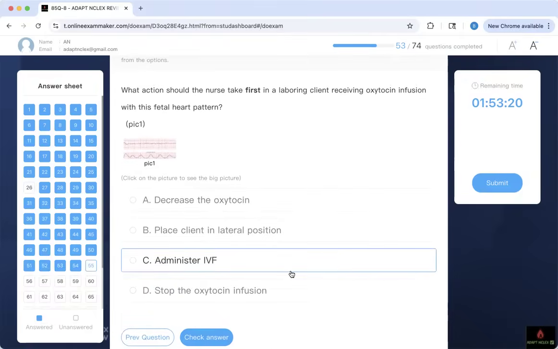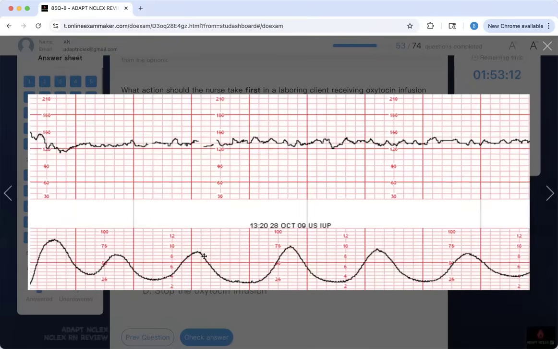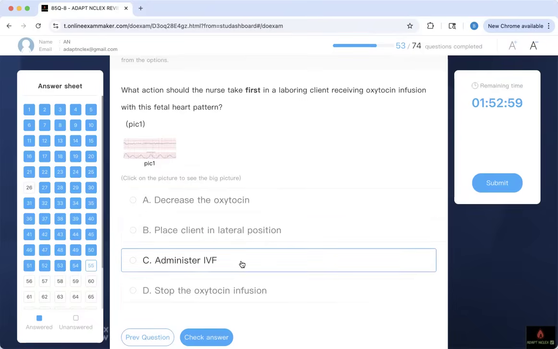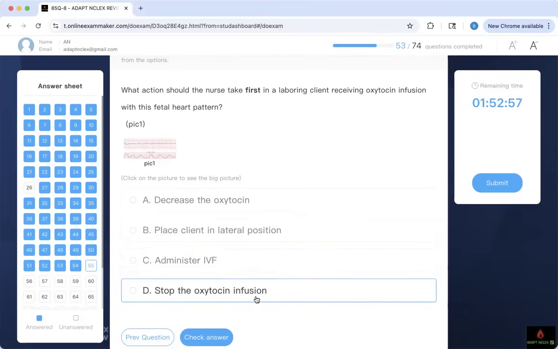Which action should the nurse take first in a laboring client receiving Pitocin infusion with the fetal heart pattern? This is what you have. Mommy is receiving Pitocin, and you see this. What do you do? Decrease the Pitocin, place the client in a lateral position, administer IV fluid, stop the Pitocin infusion.